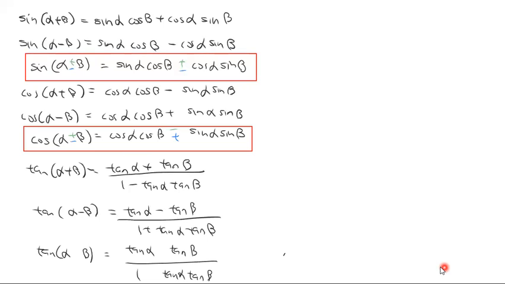So if that was positive, that's positive and that's negative. If it was negative, then that's negative and that's positive. And so forth. Does that make sense?